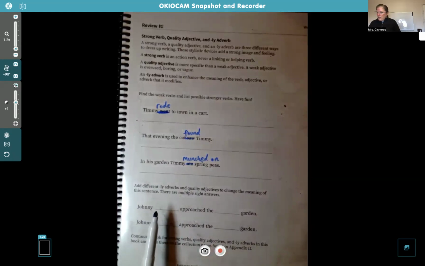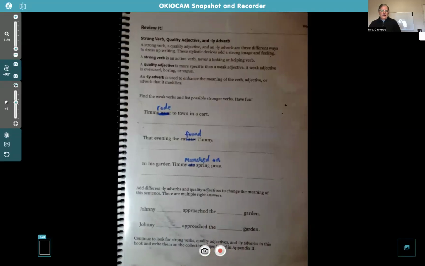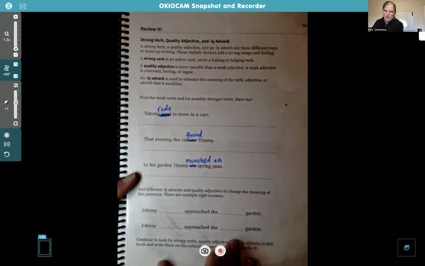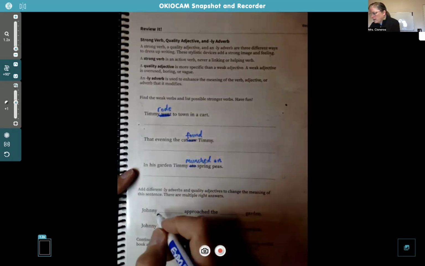So here, this is where we're going to add an ly adverb and a quality adjective to these sentences. It basically says Johnny blank approached the blank garden. So the first blank is an ly adverb. So it could be quickly or quietly or slowly, something like that. I'm going to put quietly.